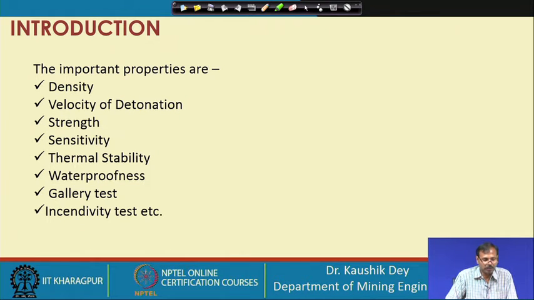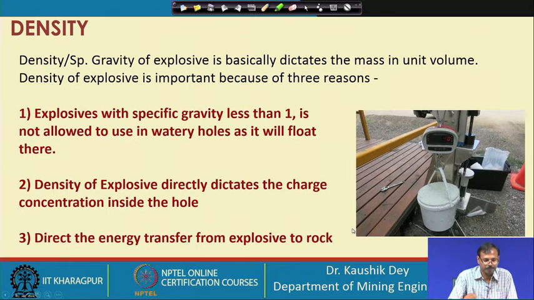In this class we will mainly concentrate on the density and velocity of detonation. We will understand how they influence the performance of an explosive.